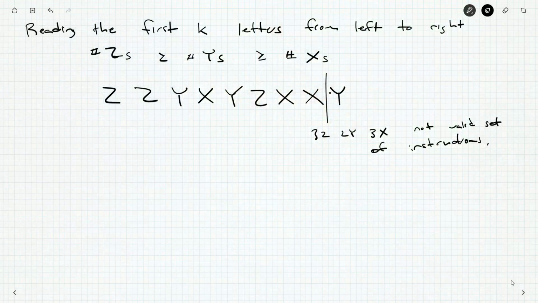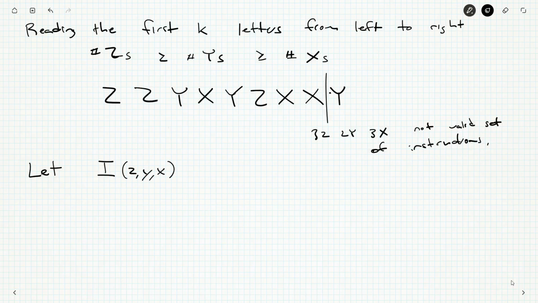So maybe I can't jump to 9 letters all in a row for my set of instructions, but maybe I can build it up. Let I stand for instructions. I don't want to use 3 subscripts here, so we'll turn it into a function.